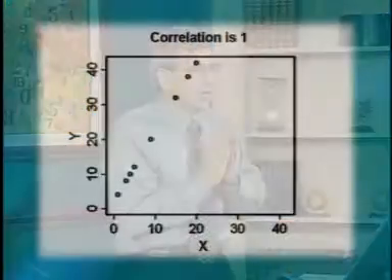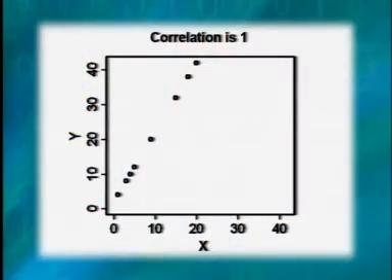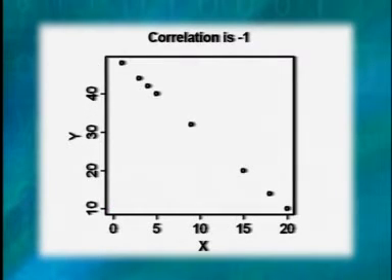If there's an exact correlation between the two things, either positive or negative, then the correlation will be +1 or -1. It's +1 if the data lie on an exact straight line, and -1 if the data lie exactly on a descending straight line. So those are the two extreme cases.